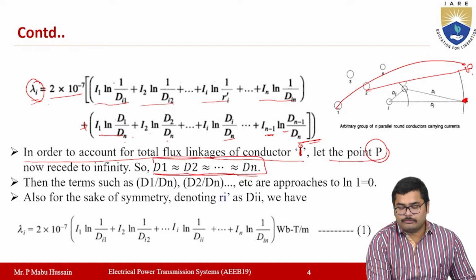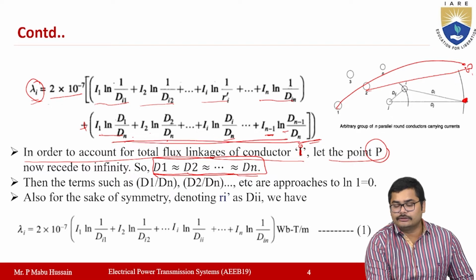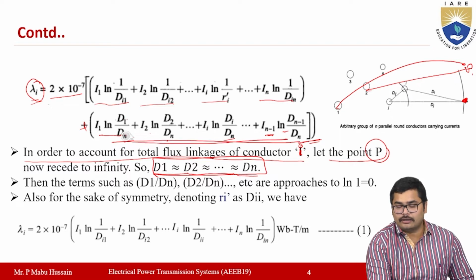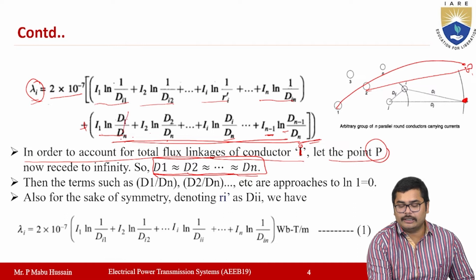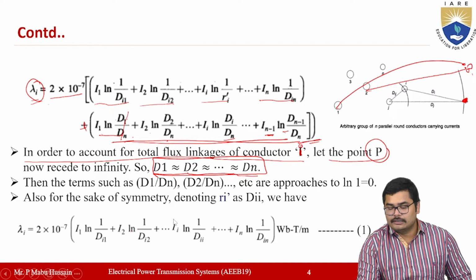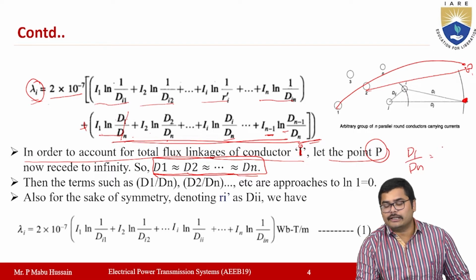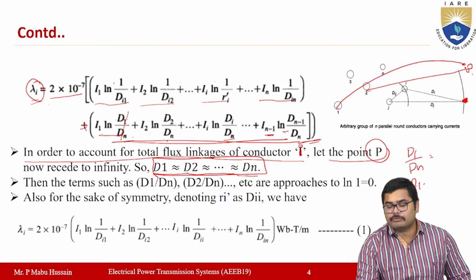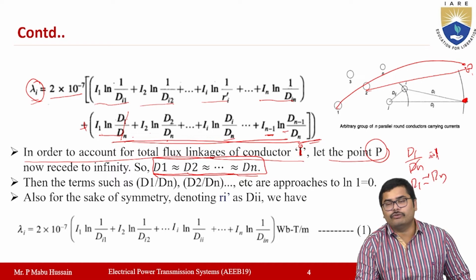So from this expression, if you see the second term in lambda I, d1 by dn will become 1. Why? Because when point P is at infinity, d1 is approximately equal to dn, so this value will be approximately equal to 1.